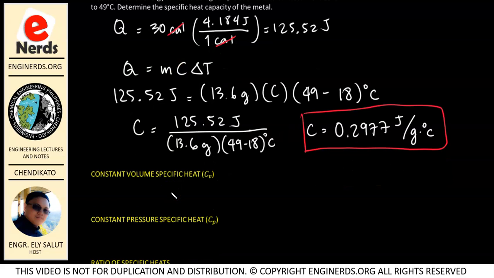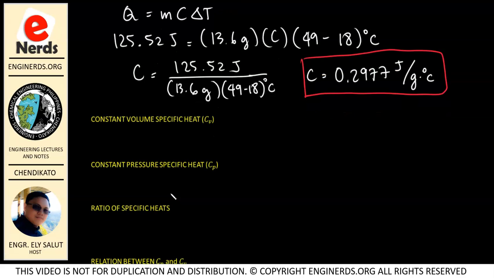Now, you will encounter our equation expressed in different way. If we have a constant volume specific heat, you would see our equation as Q at constant volume is equal to the mass times the specific heat at constant volume. So, makikita nyo may CV tayo dito.